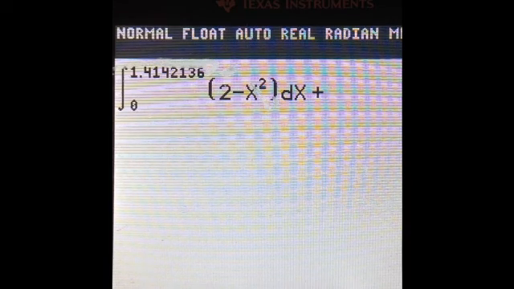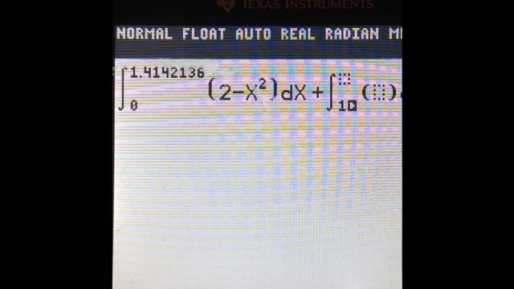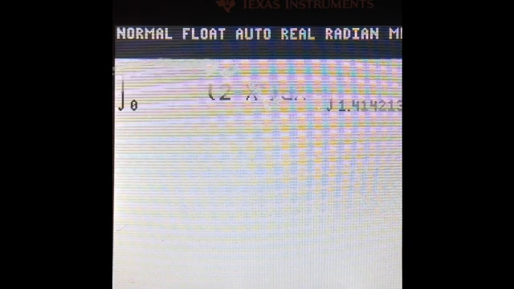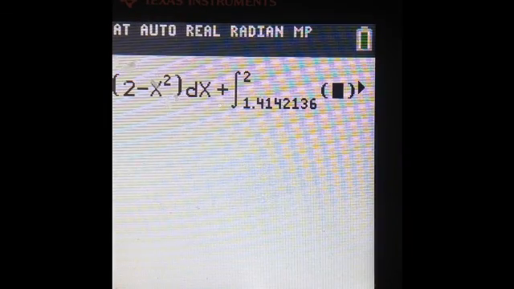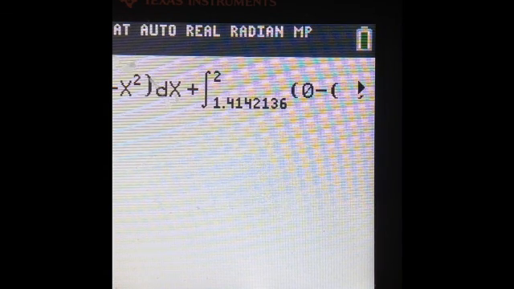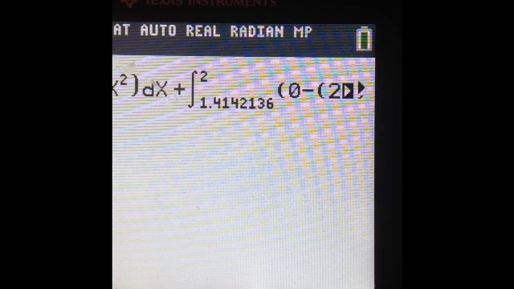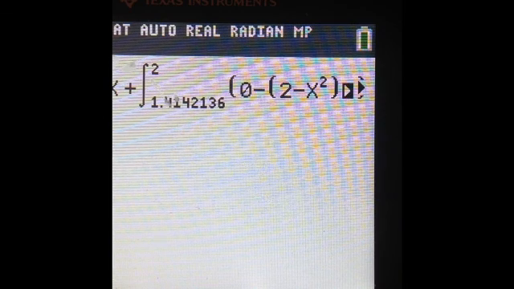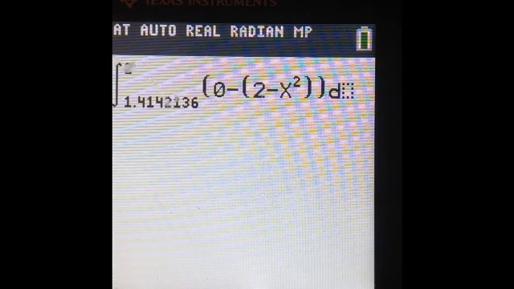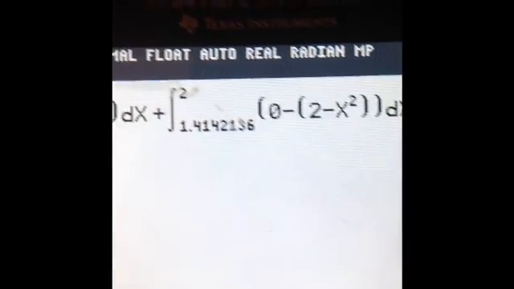And then we're going to put plus, and then we're going to do Math 9. And we're going to go from 1.4142136 to 2. But now we're going to say 0 minus parentheses 2 minus x squared, close parentheses, and then do our dx. So see how we did that?